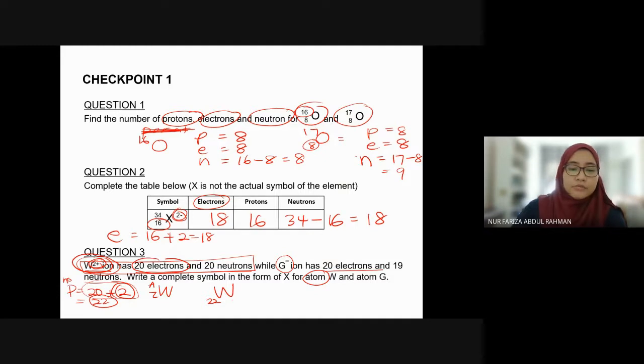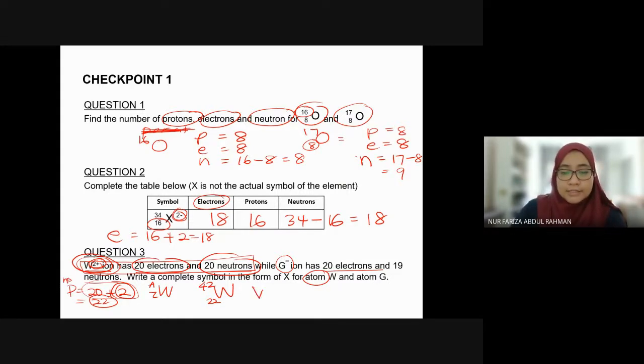Once we have the information on the proton number, or the atomic number, we can simply total up the neutron and the proton number, which is equal to 42. If we were to write the complete symbol for the W ion, how do we write it?